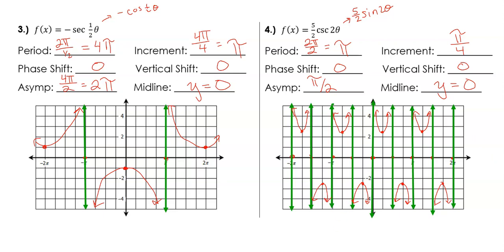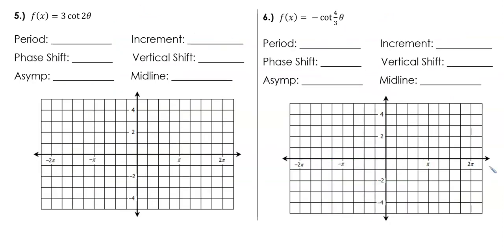Okay, let's look at the next ones. Okay, 5 and 6. Now we're going to start looking at those cotangent graphs. So what we're going to look at here, remember that our tangent periods are only pi over our b value.